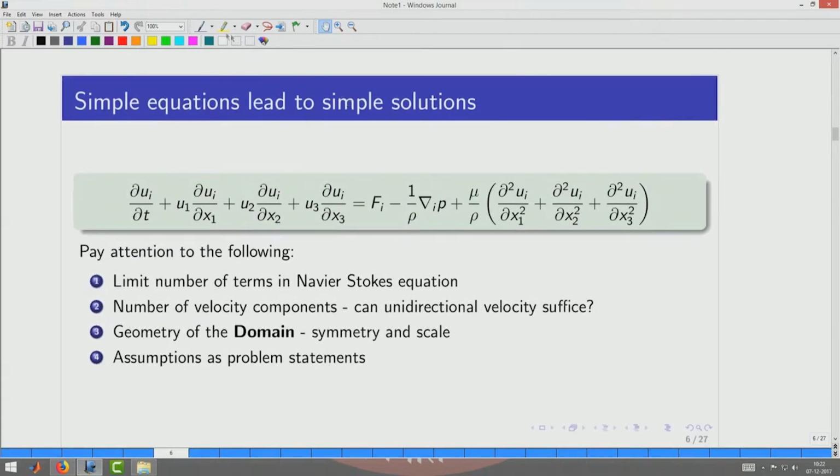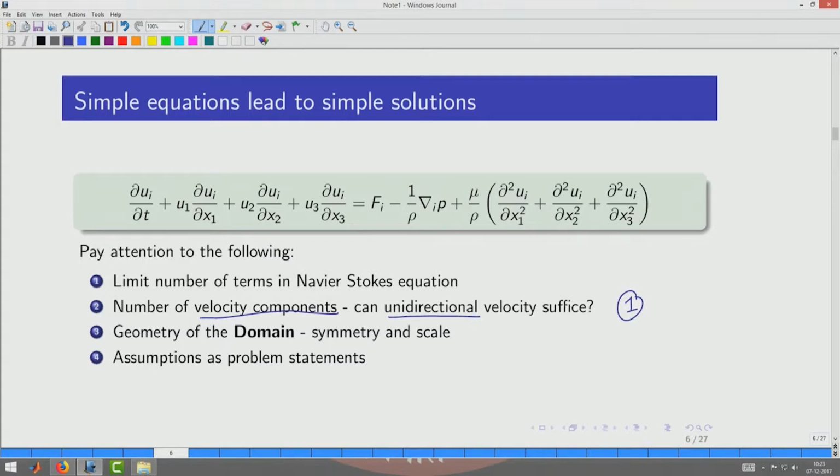The equations are going to be made simpler as follows. The first thing is that instead of solving 3 equations for 3 components, we will see whether we can limit the number of components. We just see whether one component is enough for the problem that we are looking at, and if that is the case, then we can arrive at a unidirectional velocity profile.